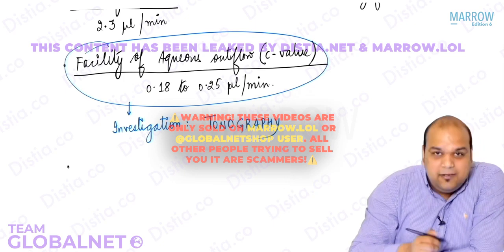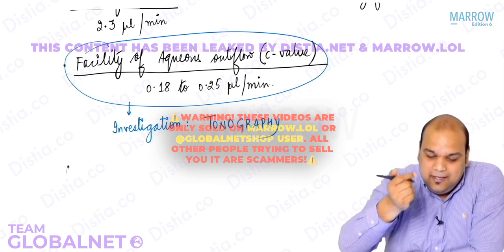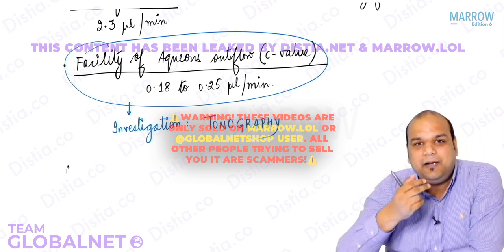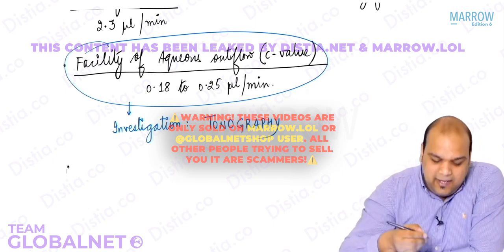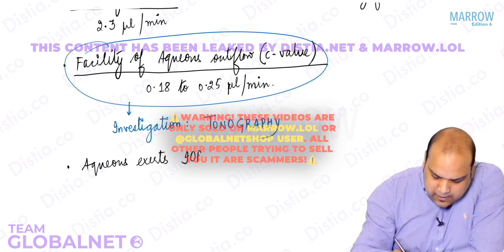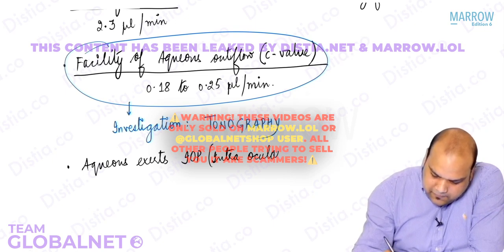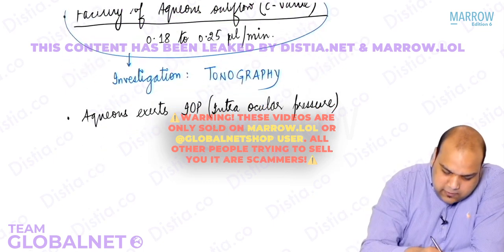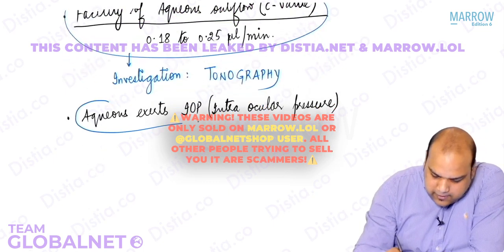So what is tonometry? What is the function of aqueous, guys? Apart from providing nutrition and everything else, aqueous exerts IOP, intraocular pressure. I'm writing both the words together so that you never have a problem understanding this.